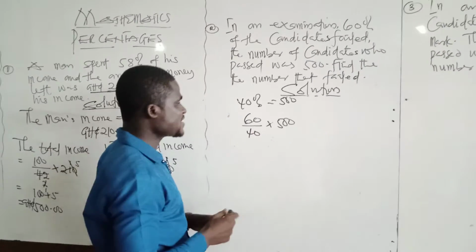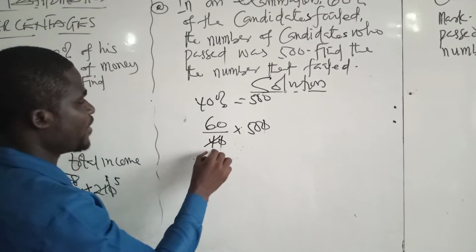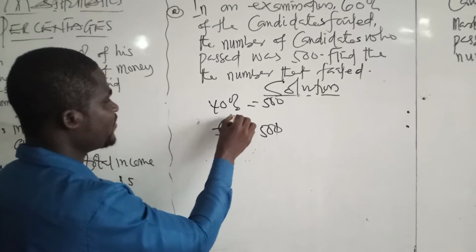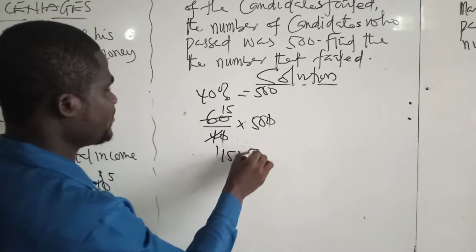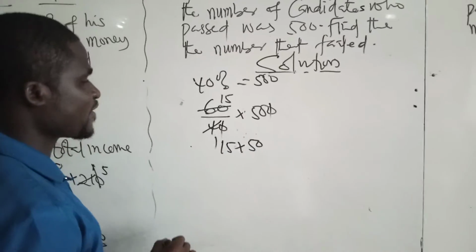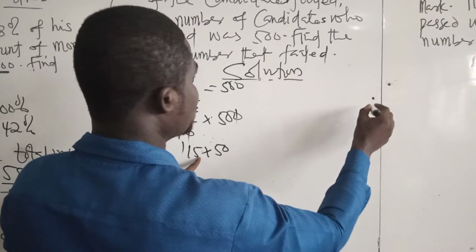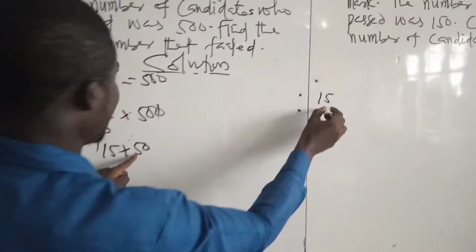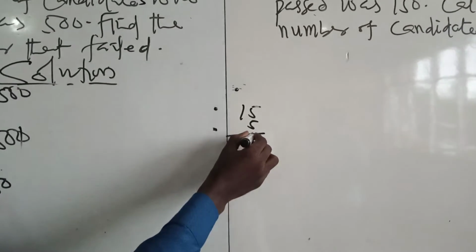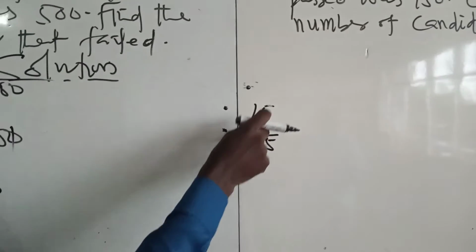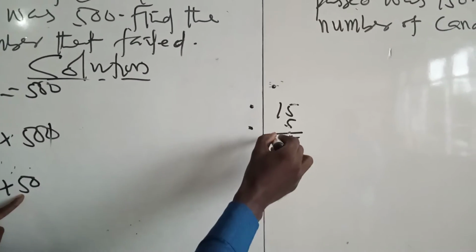Now let's cancel. 0 cancels 0. 4 goes here, 1. 4 goes here, 15. So you're going to have 15 times 50, which will give us 15 by 5, 25. 5 by 1 will give us 5, plus 2, that will give us 7.